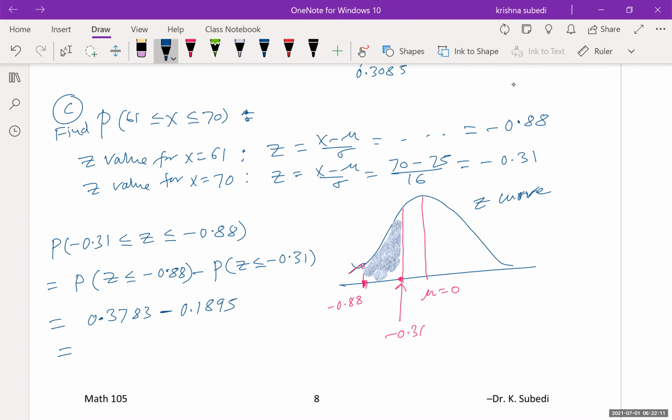When I subtract them, I get 0.1889, or about 19 percent. Is that right? Okay, I believe you got the 19. You already put the answer in the chat box as 19. Okay, thank you.